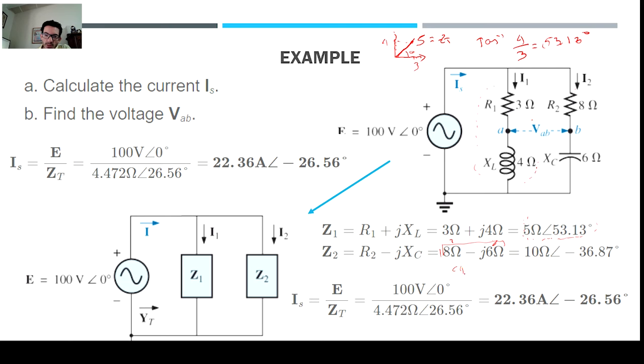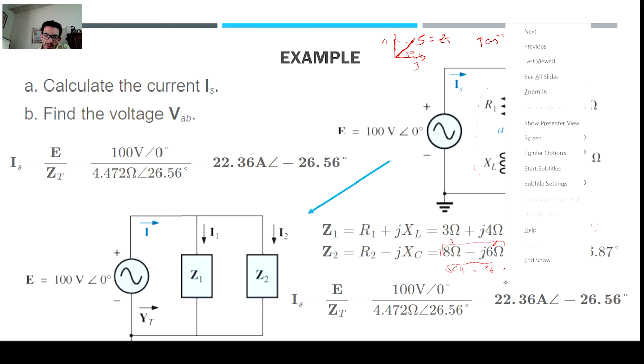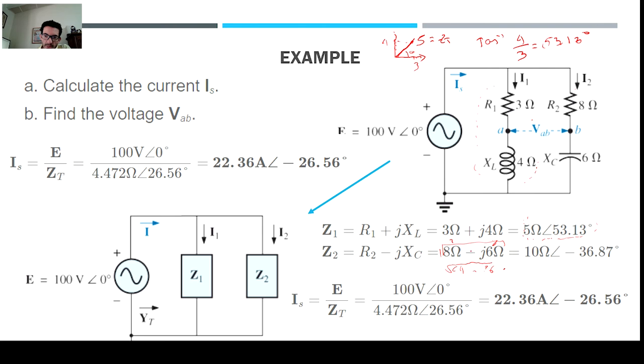So this is 64 plus 36, which equals 100, and the square root of that is 10, correct? Then the tangent inverse of 6 divided by 8. Notice that the denominator is bigger, so it's going to be negative. It's negative 36.87. Okay, so we have computed the first impedance and the second impedance.